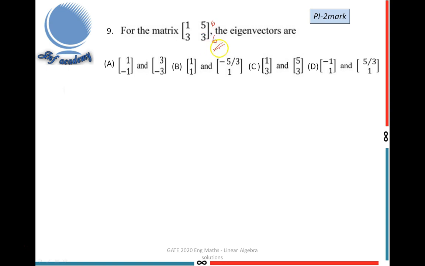So one of the eigenvalues of the matrix is 6. And 1, 1 is an eigenvector corresponding to the eigenvalue 6.